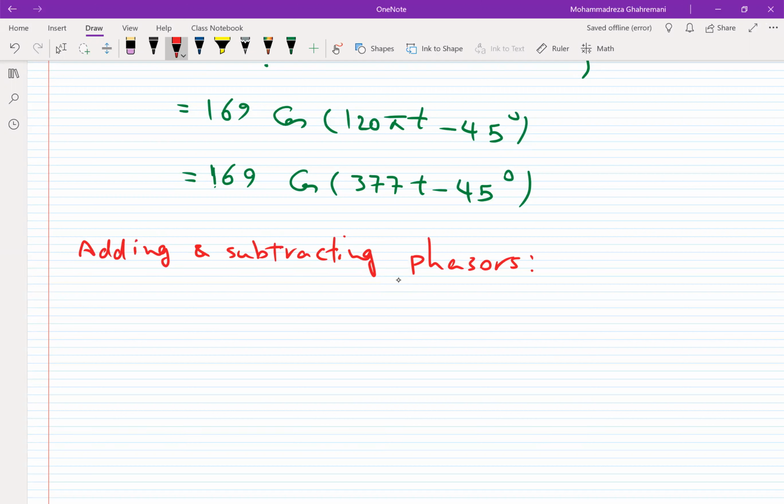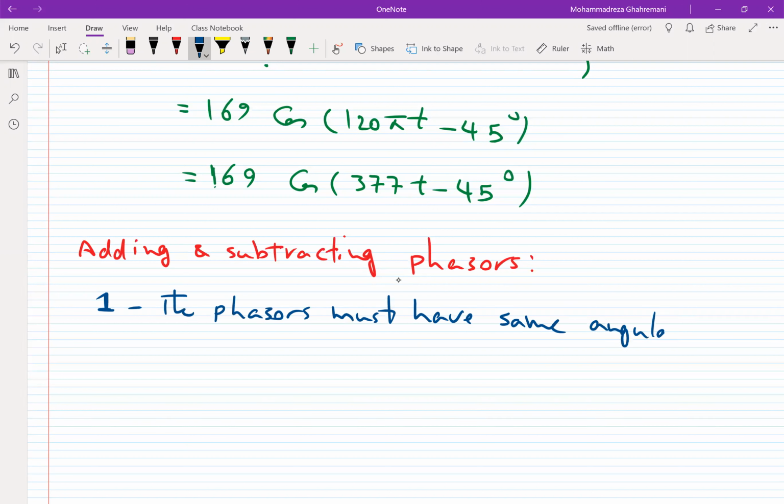If we have two or more phasors with the same angular frequency, we can simply add them. How can we add two phasors? We need to convert them to rectangular form and then add the real part and imaginary part. So here is the point. First, the phasors must have the same angular frequency.